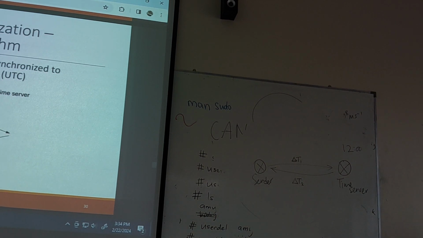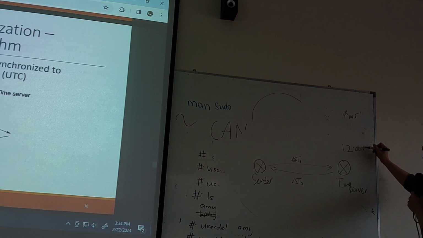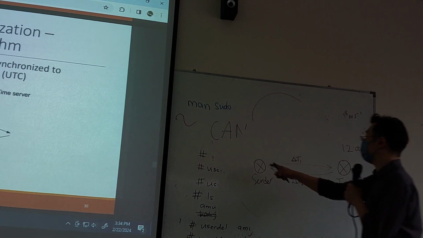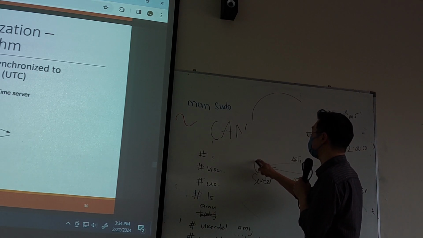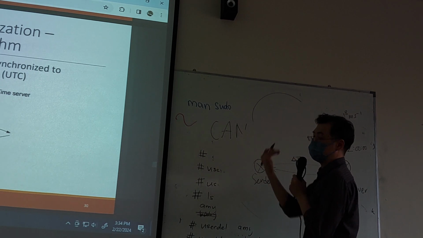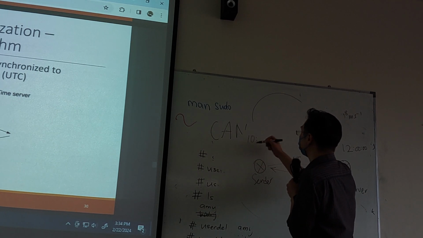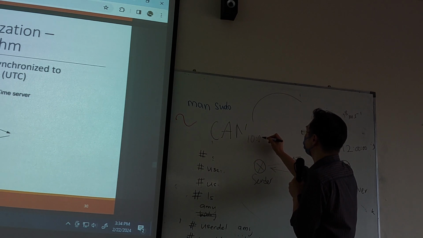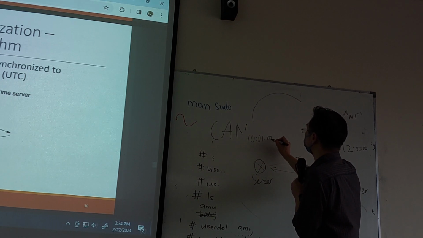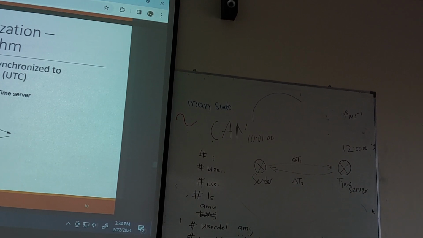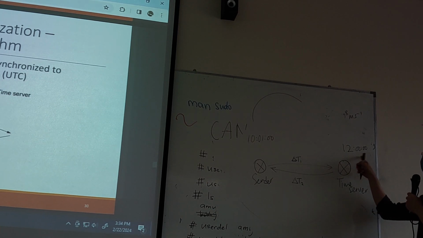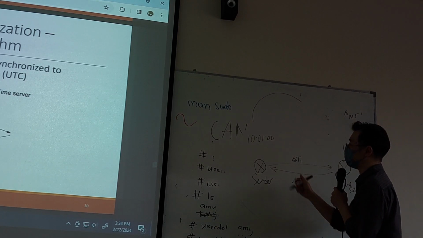Exactly 12, zero seconds. But when I send, let's say my time is very off, let's say 10 o'clock at the time. Right now I want to synchronize with this accurate time, and I send a message.